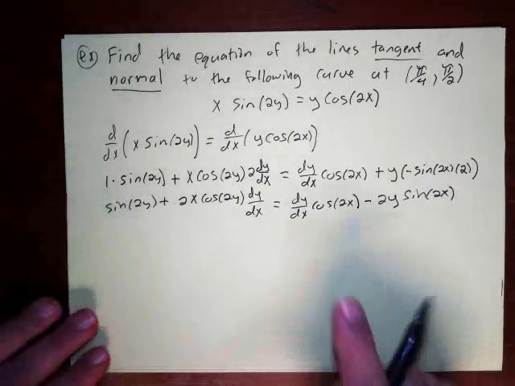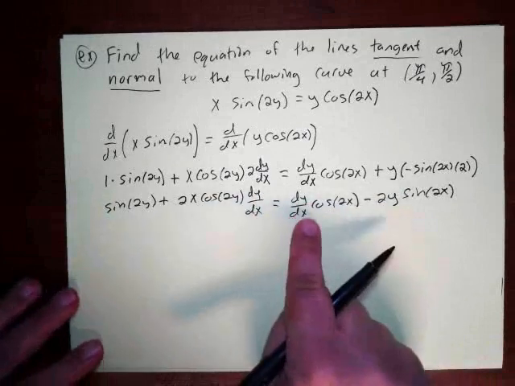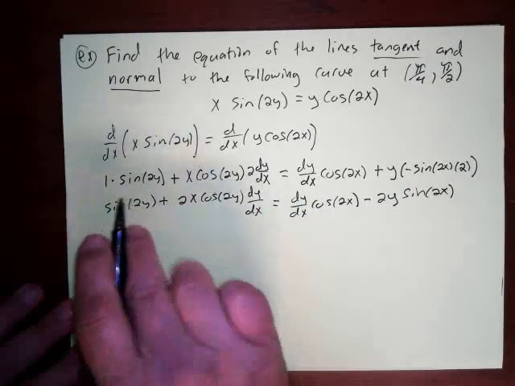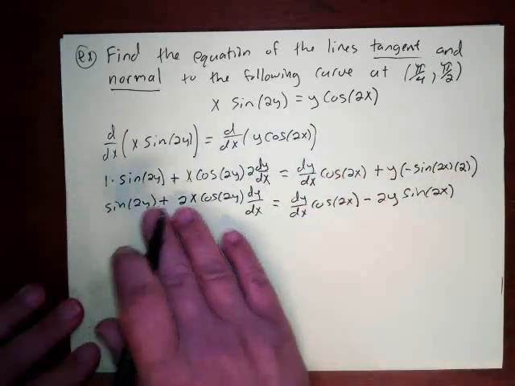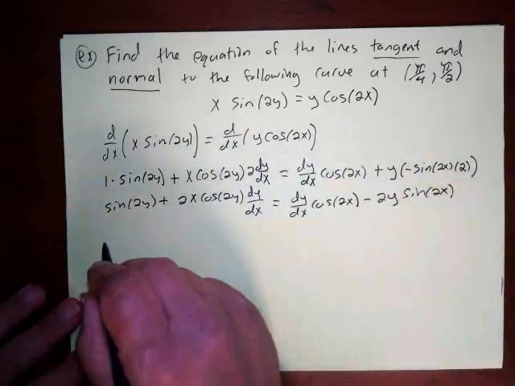So now bring everything with a dy/dx over to one side, and everything without one over to the other side.